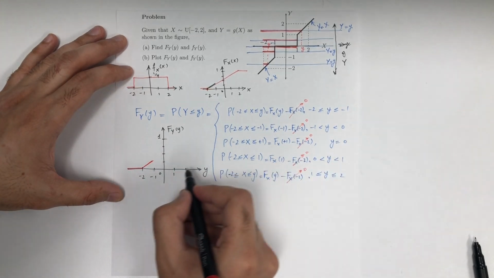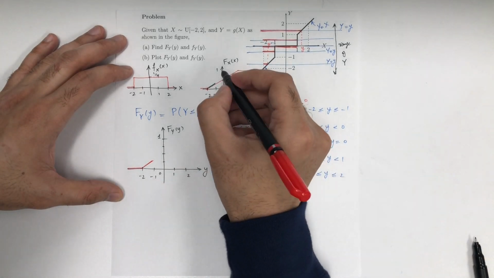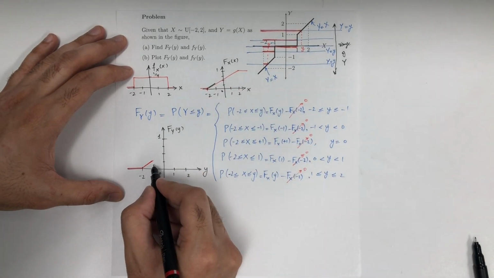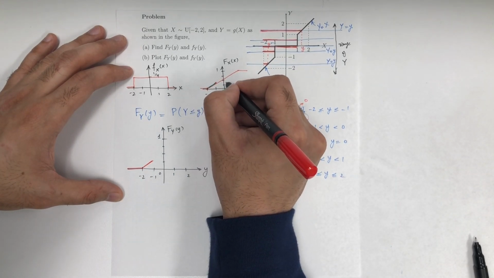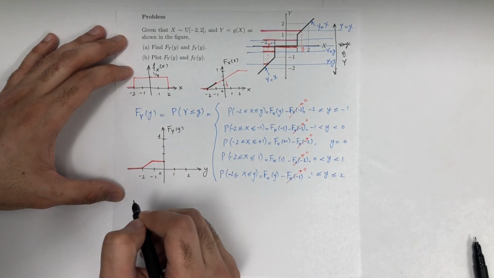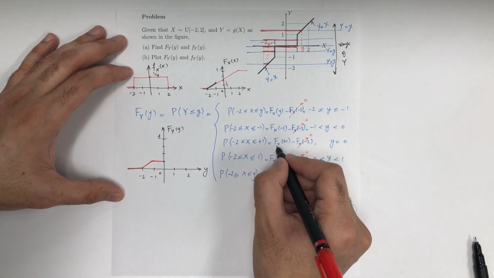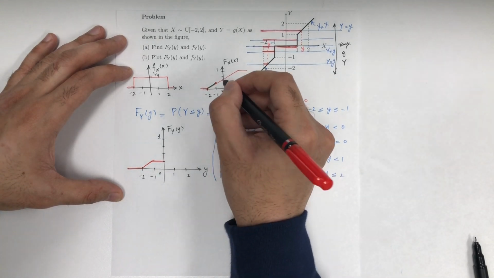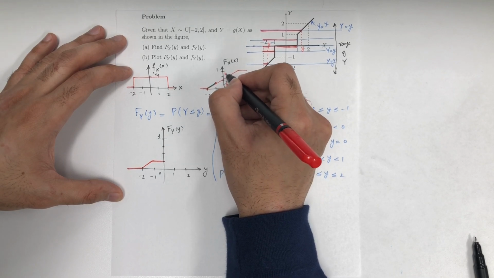And between -1 and 0, it just stays at fx of -1, which is this point here, and that is 1/4. So it just stays at this point. And when y is 0, we go all the way to fx of +1, which turns out to be this point, which is 3/4.